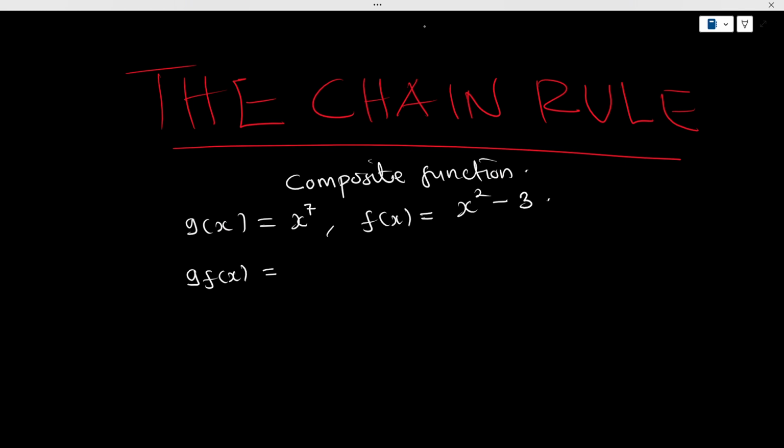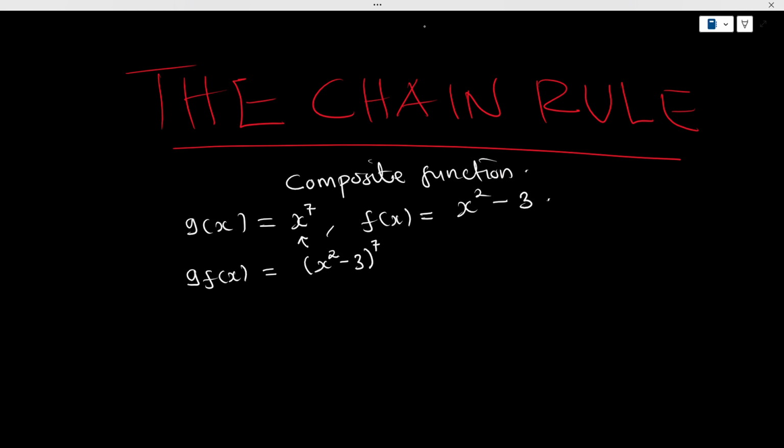We are plugging f of x into g of x, so I'm using the f of x function as the input. So this is going to look like x squared minus 3 raised to the 7th power. I'm replacing this x here with x squared minus 3.